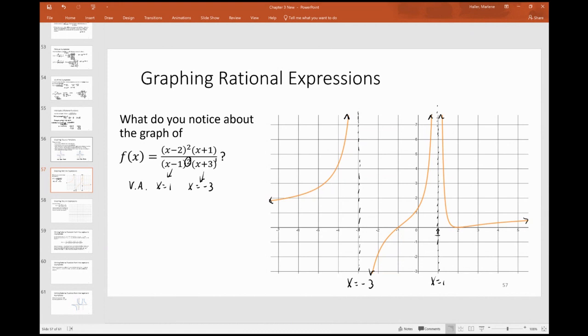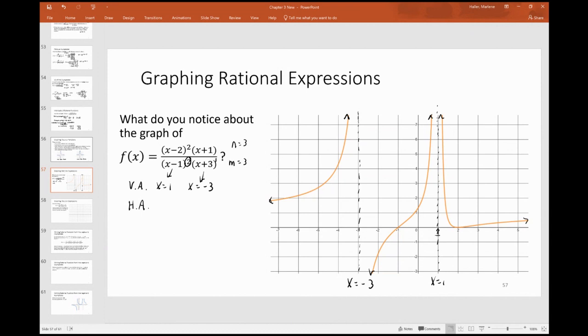Okay. Does this one look like it has a horizontal asymptote? Probably, right? Can we determine it? Oh, yeah. Look, horizontal asymptote. What is that going to be? Well, the degree of the numerator is 3. The degree of the denominator is also 3.